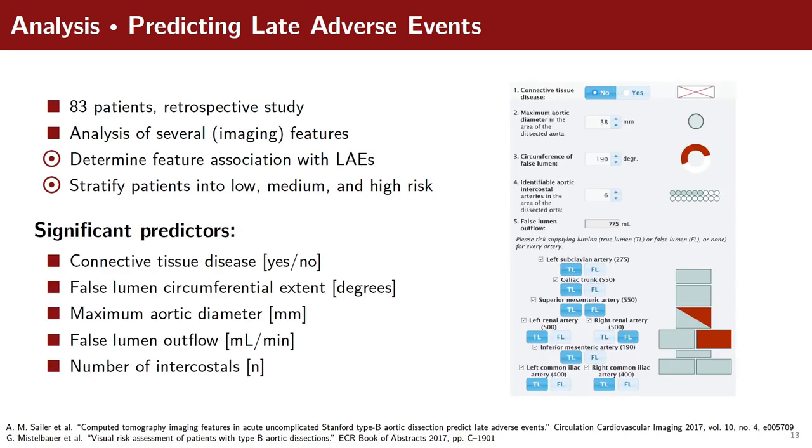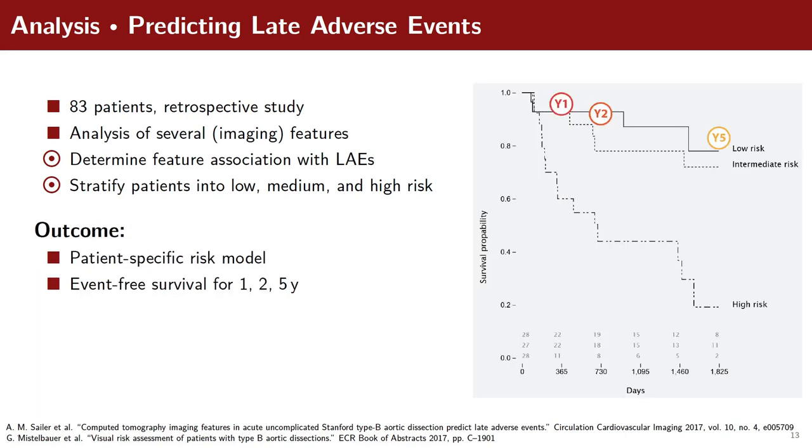We identified the following risk predictors: connective tissue disease, false lumen circumferential extent, maximum aortic diameter, false lumen outflow, and number of intercostal arteries. On the right side is the interface of our risk predictor. The result of our study was a patient-specific risk model to predict the event-free survival for the upcoming 1, 2, and 5 years, as shown in the Kaplan-Meier diagram on the right.